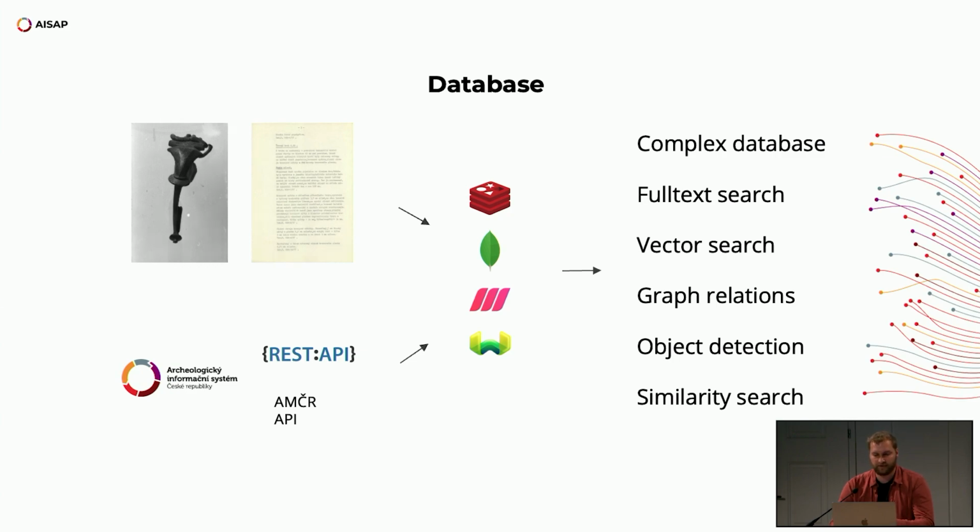Also, we want some graph relations between the information inside documents, and some object detection. For example, if I have a photograph of my own find, I want to search for similar finds that we have in the database, and also some similarity search, where we want to find the most similar photograph or find that we have in this database.